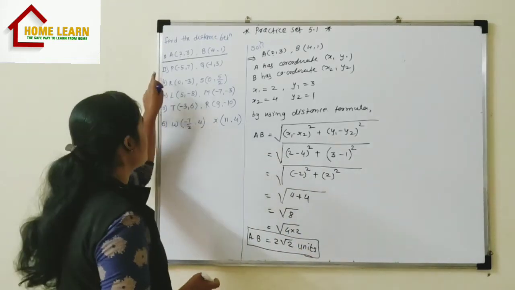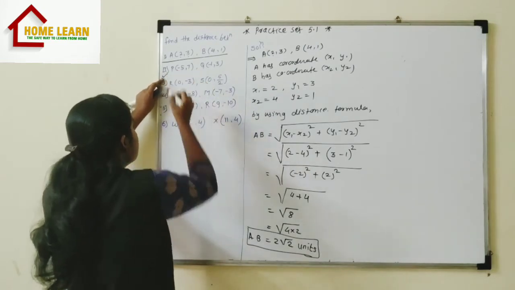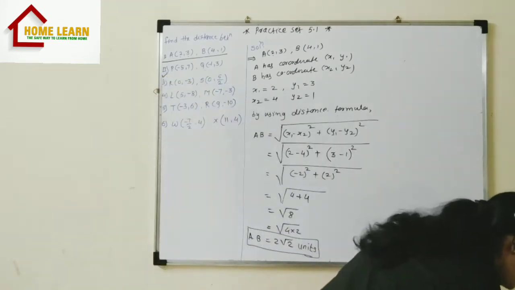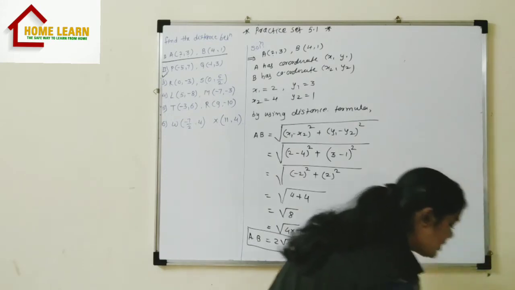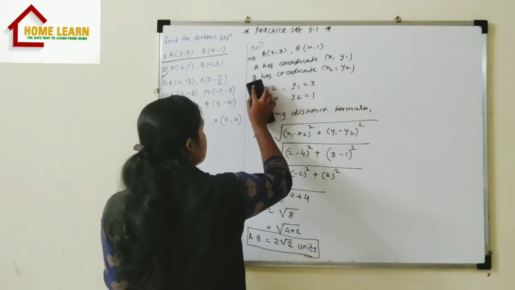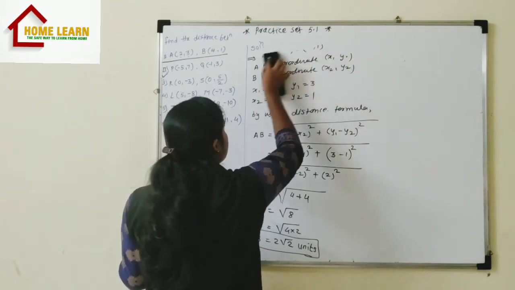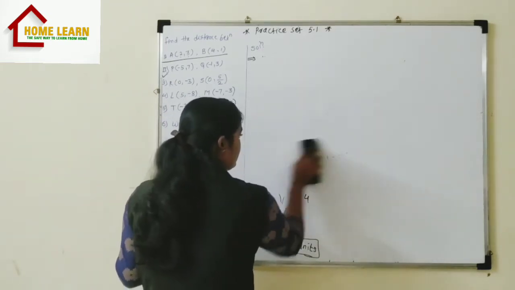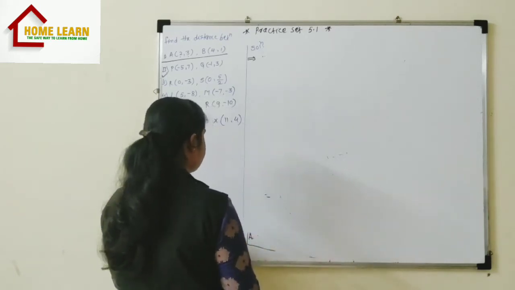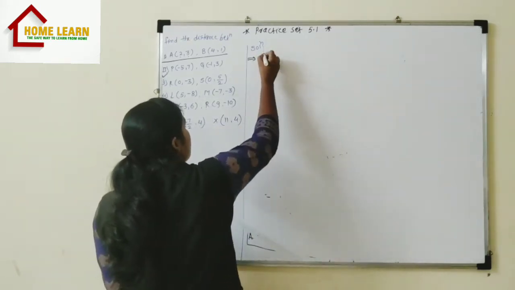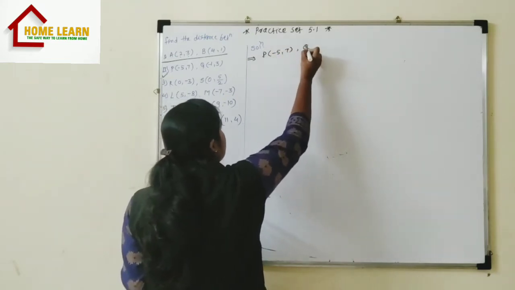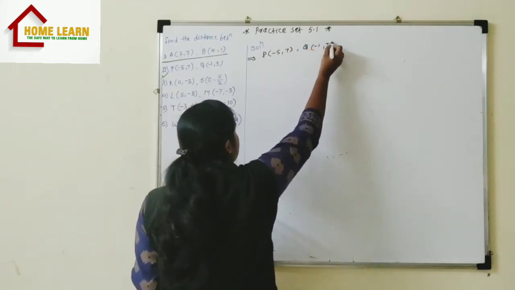Let's see the second solution, points P and Q. For this also we consider that point P has coordinates x1, y1 and Q has coordinates x2, y2. Let's see that solution. P is (-5, 7) and Q has coordinates (-1, 3).